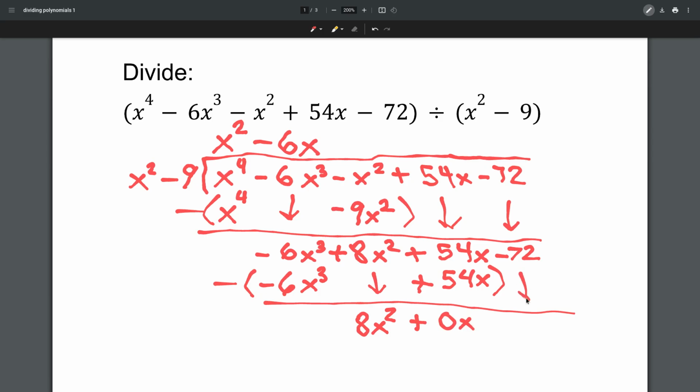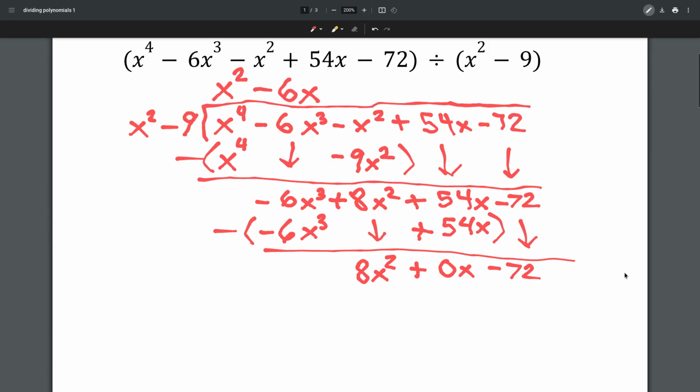And I'm going to bring down the minus 72 here. Okay, now we have to think, what do we multiply x squared by to get 8x squared? Well, positive 8. So we're going to put a plus 8 up here. 8 times x squared is 8x squared. And then 8 times negative 9 is negative 72, so we have minus 72 here.